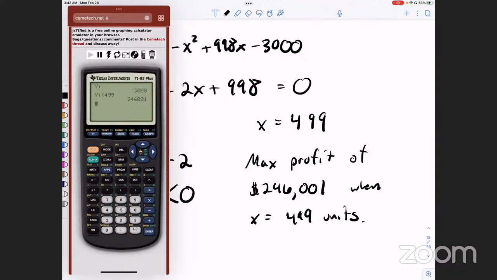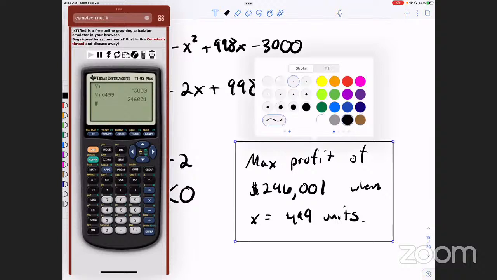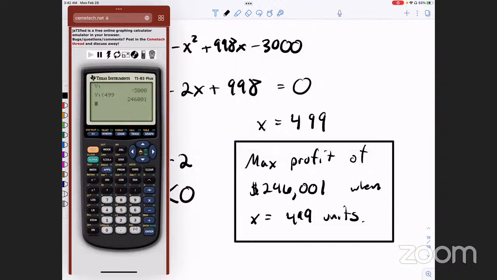Let's play with it a little bit to verify. If we produce less or more, anything else that we produce should give less of a profit, right? For instance, say we did 500. Our profit should be less than 246,000. We're missing out on $1. Let's try 505, so we produce more.